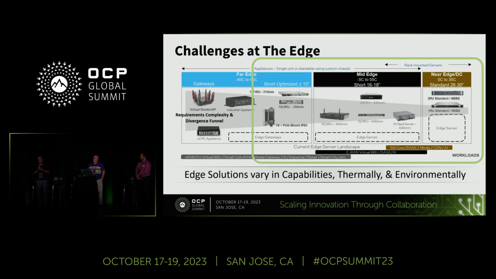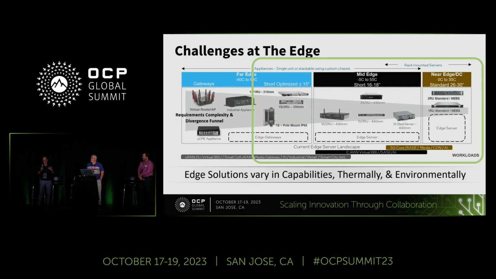So if you look at it from the specs perspective today, most of the specs, like I say, can address all the way to the near edge. However, the mid edge and the far edge, where the environment and also some of the deployment use cases are different in terms of chassis depth, cabling management, right?